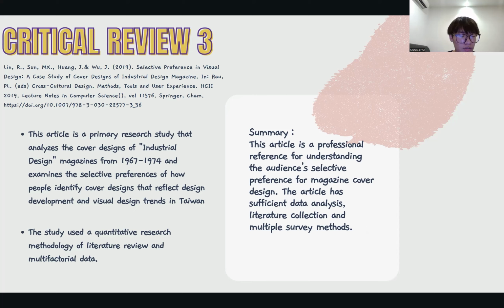The study used a quantitative research methodology of literature review and multifactorial data. So for summary, this article is a professional reference for understanding the audience selective preference for magazine cover design. The article has sufficient data analysis, literature collection, and multiple survey methods.